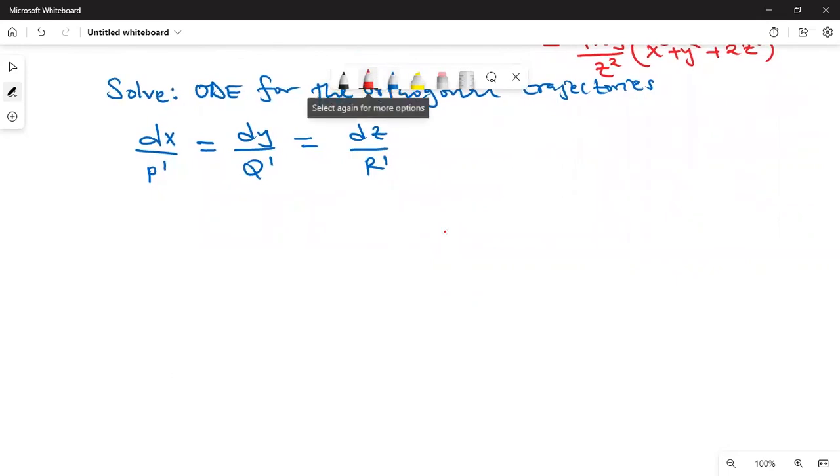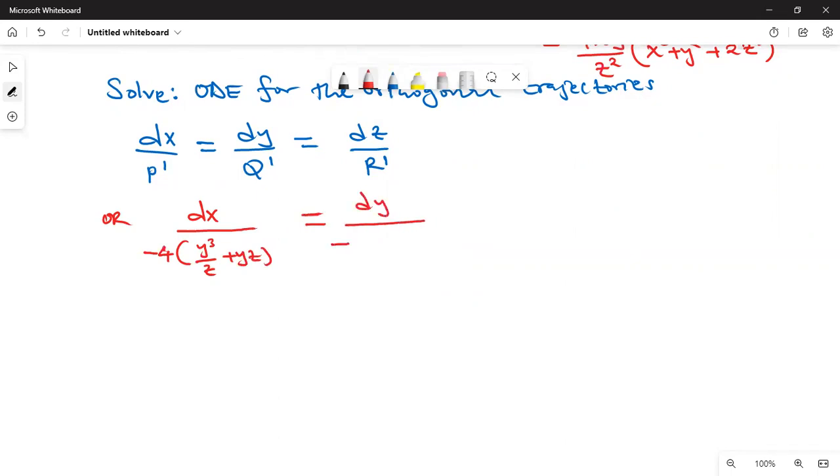So we can say dx, our p prime, we got -4y cubed over z plus yz, equal to dy over q prime, again -4 times x cubed over z plus xz.